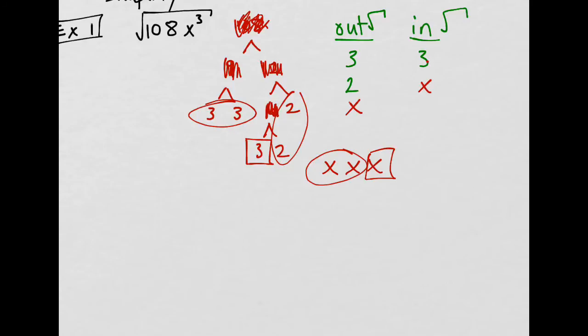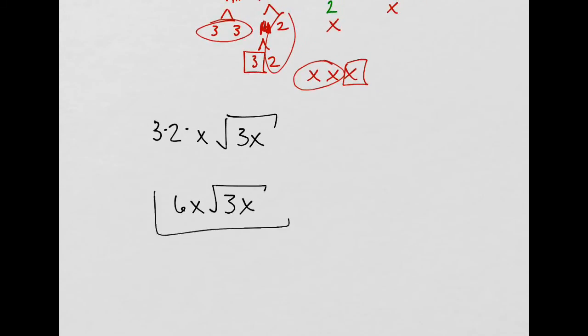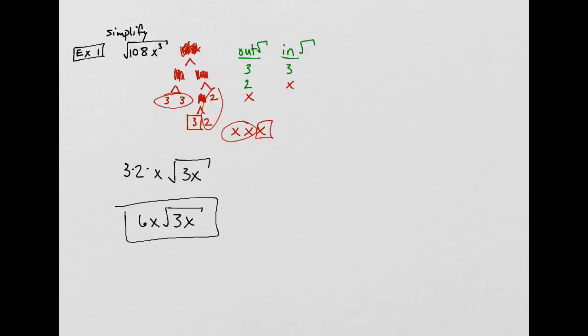I would say 3 times 2 times x, that's on the outside. On the inside, I have 3 times x. You don't have to write that down. You could just do this multiplication: 6x square root of 3x. And there you have it. That's your answer. That's how you do these problems.